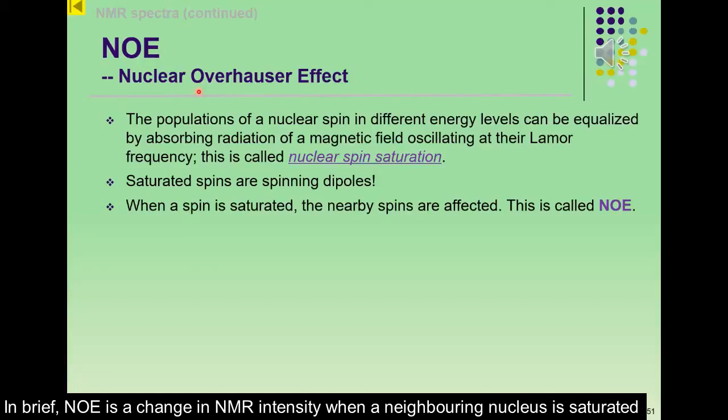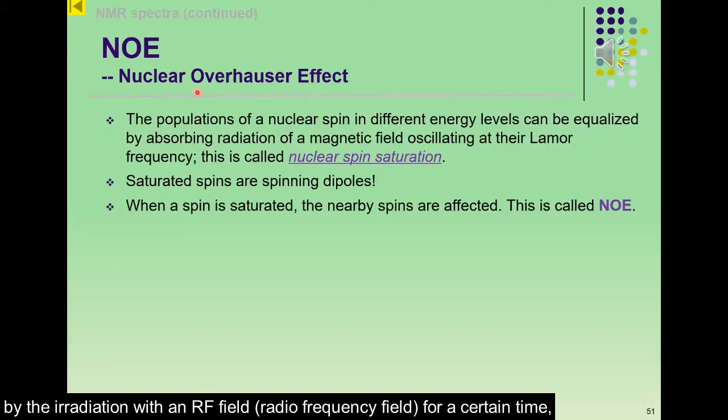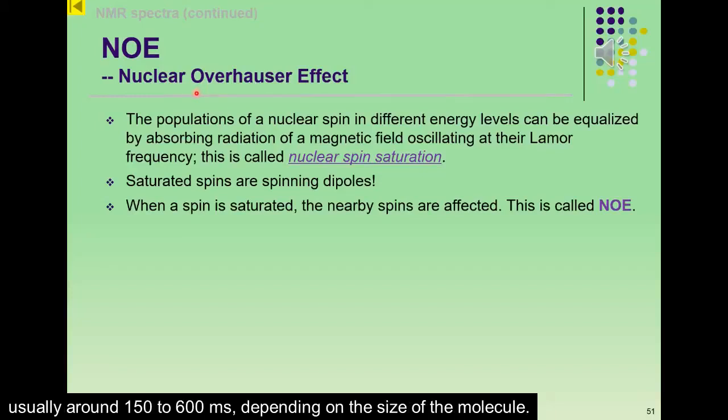In brief, NOE is a change in NMR intensity when a neighboring nucleus is saturated by irradiation with an RF field, radiofrequency field, for a certain time, usually around 150 to 600 milliseconds, depending on the size of the molecule.